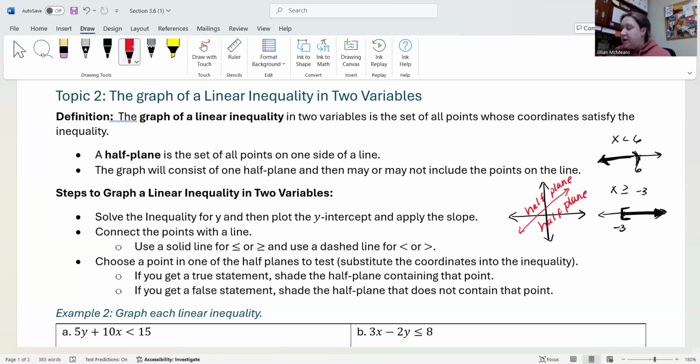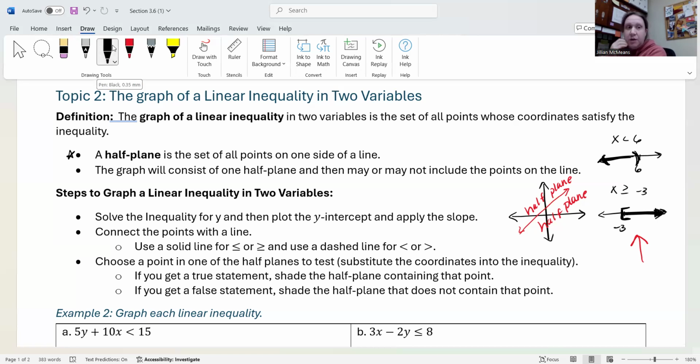It's kind of like over here in the world where we had linear inequalities in one variable, we had an end point. Well, now we treat the actual line itself as the end point. You either include the points on the line or not, and then you include one of the two half planes. Just so you know, a half plane is the set of all points on one side of the line. So we've talked about what a half plane looks like.